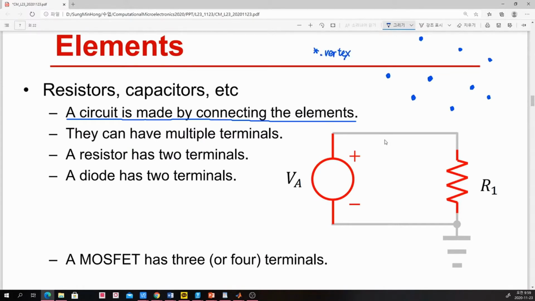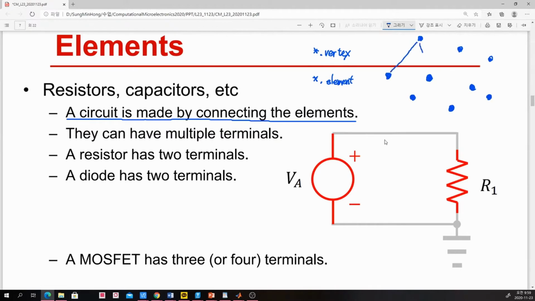After that, we specified their connection in the element file. So there are players called vertices, and they are connected.